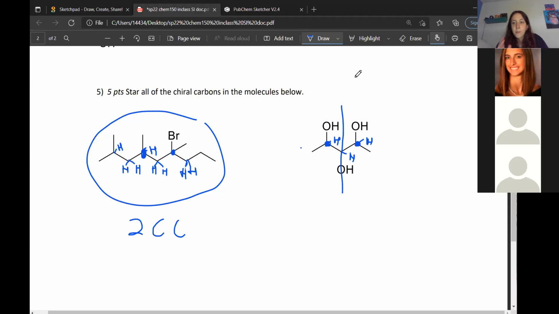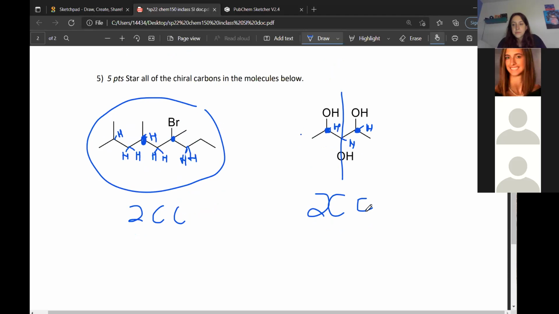They don't have multiple of the same substituents coming off of themselves. So this one, not chiral, these 2 chiral, and then this one is the same as this one with the 3 hydrogens, and so it's not going to be chiral. So this one right here also has 2 chiral carbons. Does that make sense about chirality?